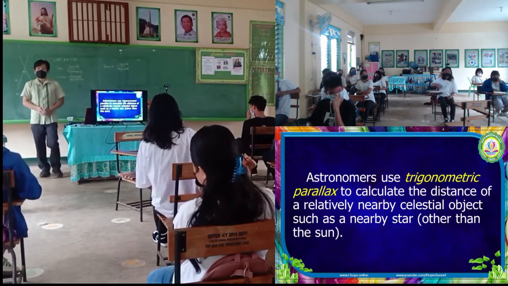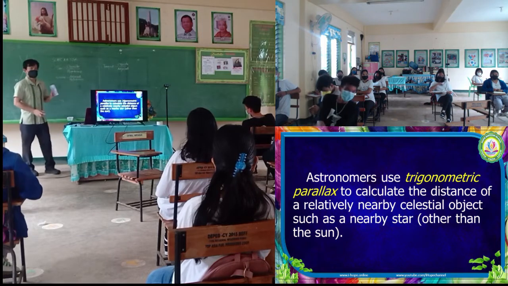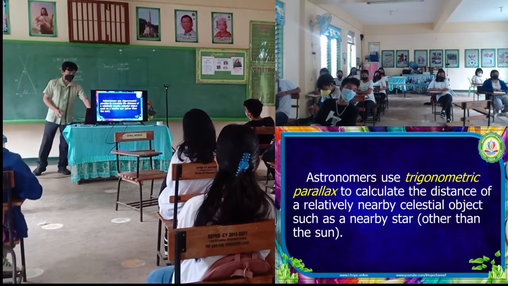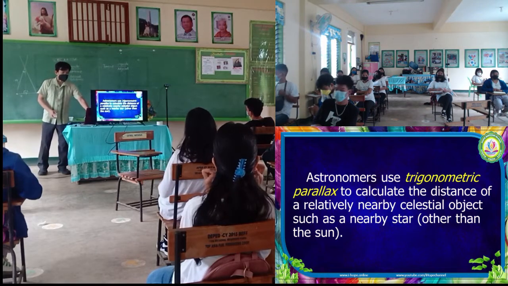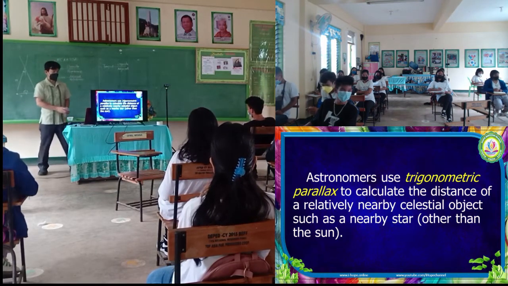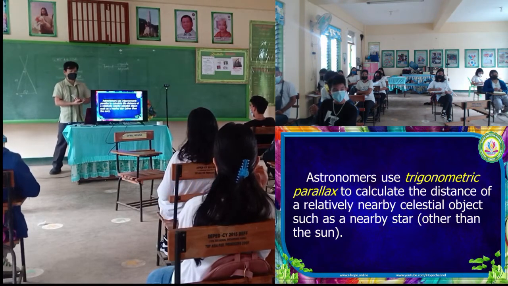The method that astronomers use in the computation of the distance of a nearby star is the trigonometric parallax. They make use of the trigonometric parallax so that they will be able to measure the distance.